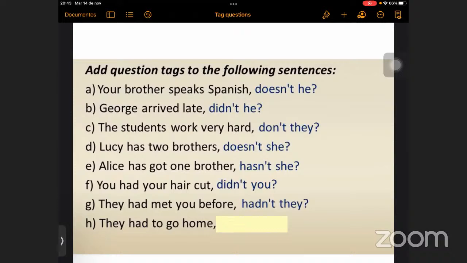So you're telling me it's present simple. Didn't they? Correct. It's past simple. They had to go home, didn't they? Right. Okay, thanks a lot.